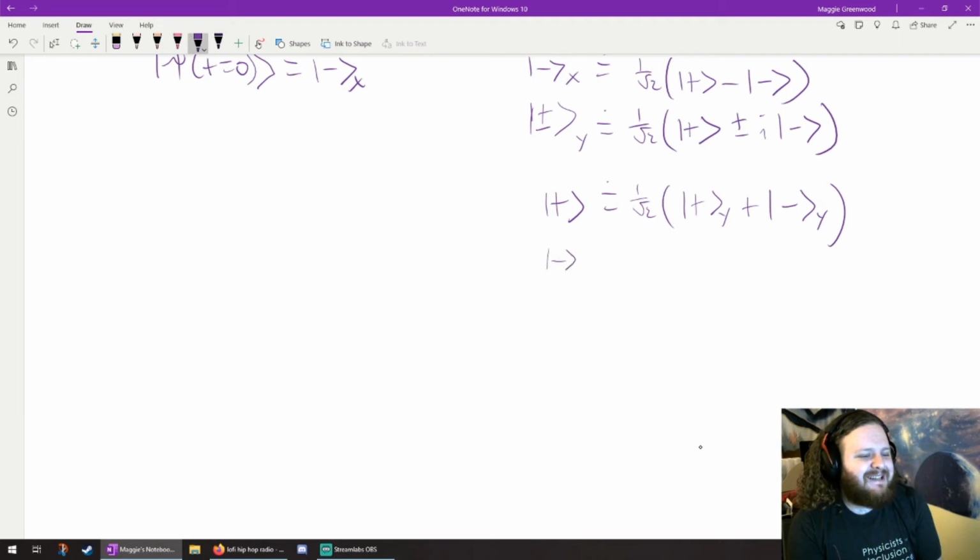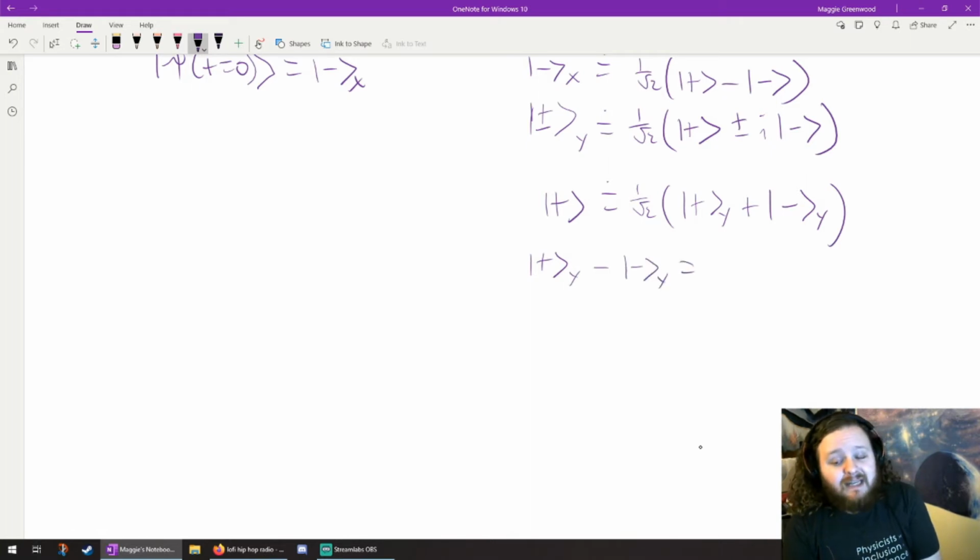So if I did the combination, say, plus y minus minus y, I'm just trying to figure out minus z in terms of y stuff, and I'm just adding them together to see if I can find a nice way to do it without having to solve for it like you did in that homework problem.